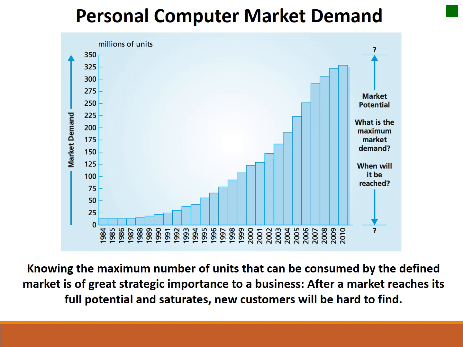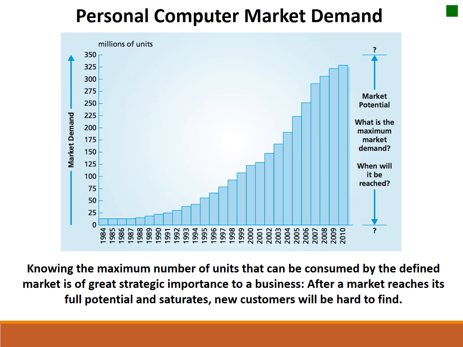And so one of the things we want to consider at least is what the potential market would be for the product and the current demand for the product at this given point in time. So this illustration suggests that there's a total market demand for this product of 350 million units, and that would be per time period.